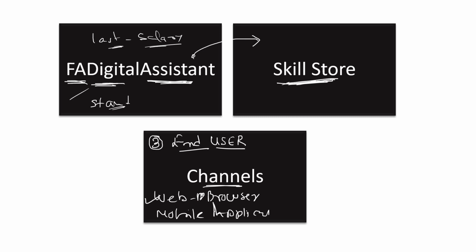I will show you from the web browser, which we are definitely going to do, and I will try to show you from the mobile application as well. In addition, there are other channels. For example, if they want to interact with Teams, we can do the integration between Teams and the Oracle application. I will see if I can demonstrate the Teams part, but for sure we are going to use the web browser.